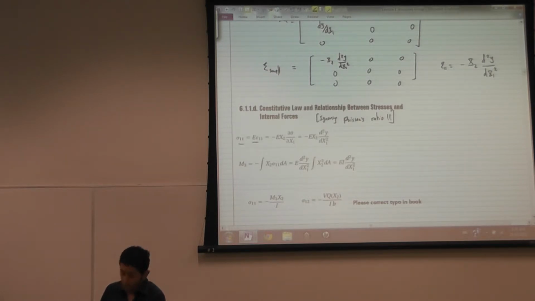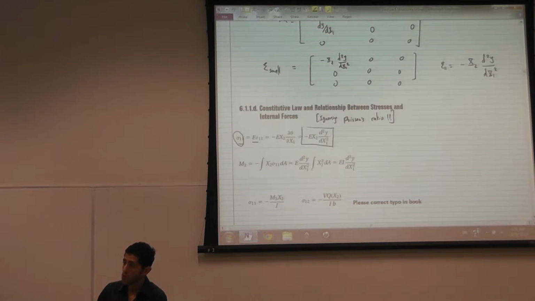So negative E x2 d theta by dx1, where theta is equal to dy by dx1, and so you end up with the stress equal to negative E x2 multiplied by d2y by dx1 squared, and that's where you see that the stress is linear on the cross section.